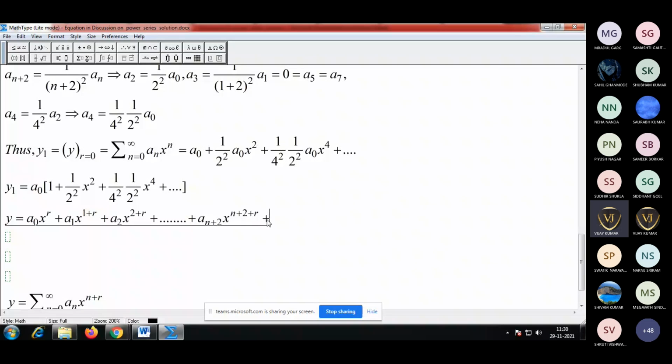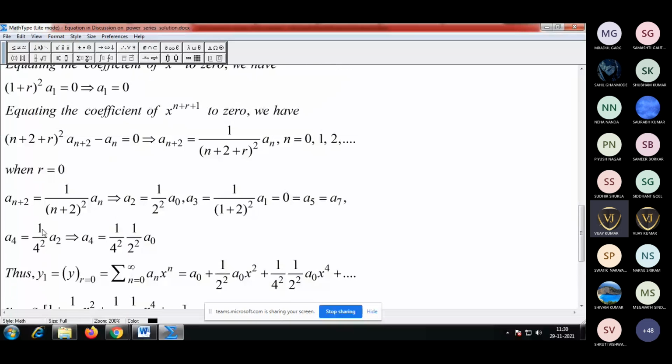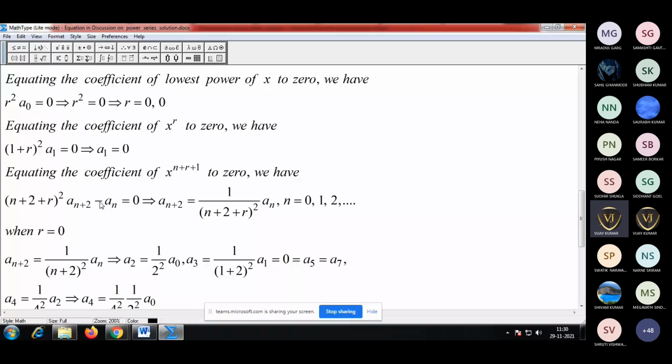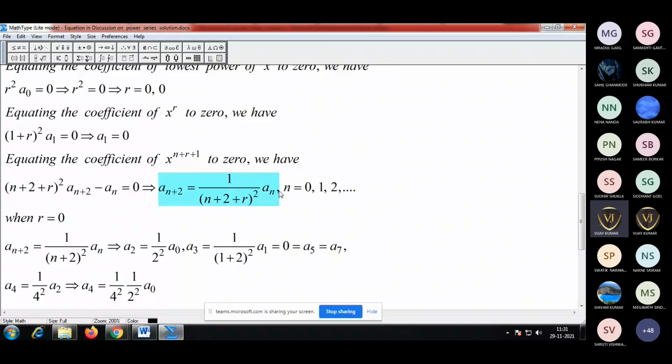And again plus so on. So this is the value of y. Now the value of a naught is not 0, but the value of n plus 2 is given like this one.